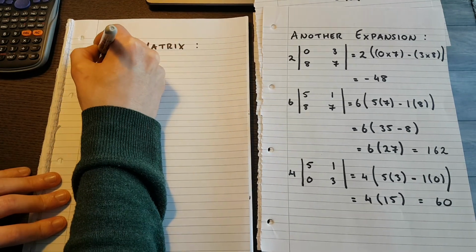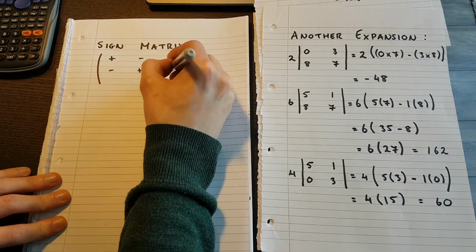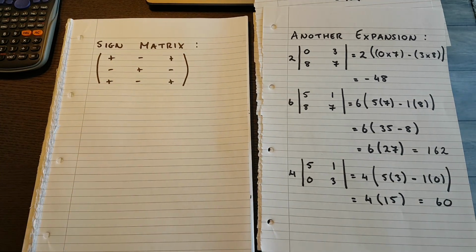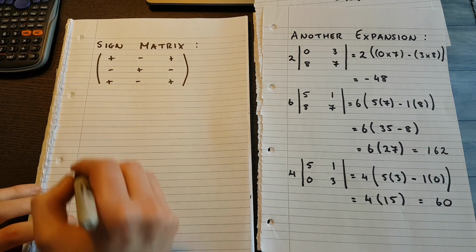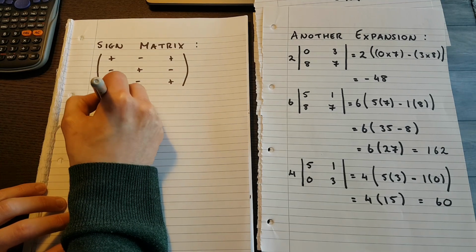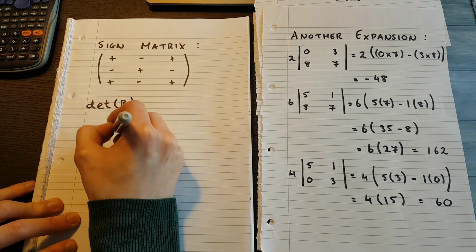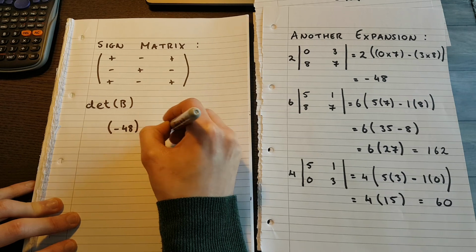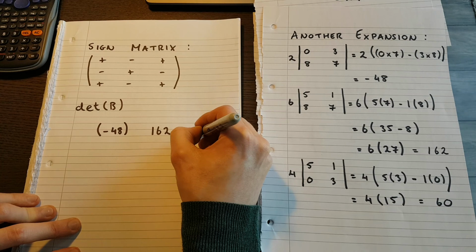My sign matrix is plus, minus, plus, minus, plus, minus, plus, minus, plus. According to my expansion, I went in the second column, so it goes minus, plus, minus. My numbers for the determinant of B were minus 48, 162, and 60.